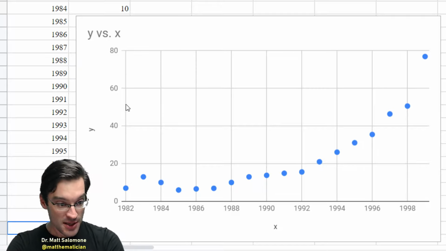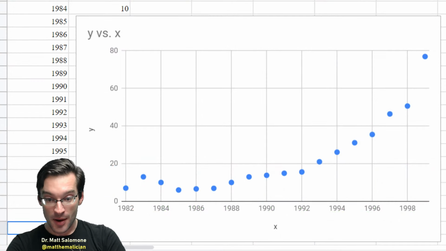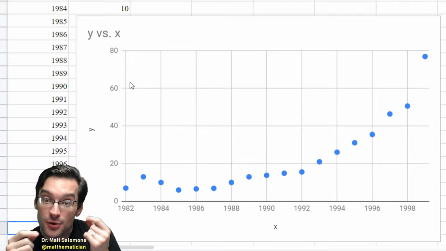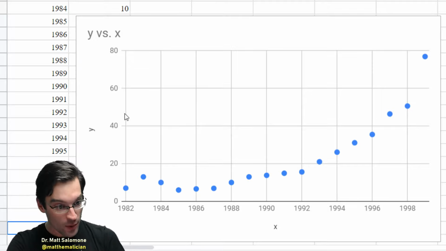So I should be able to spot that if I can create a scale on my vertical axis, my y-axis, that instead of representing equal distances as equal differences, represents equal distances as equal ratios. So I don't want to count by plus 20, plus 20, plus 20. I want to do something like count by times 2, times 2, times 2 on my vertical axis. Getting an axis like that is called getting an axis on a logarithmic scale.